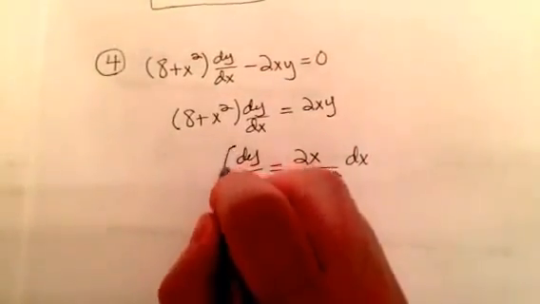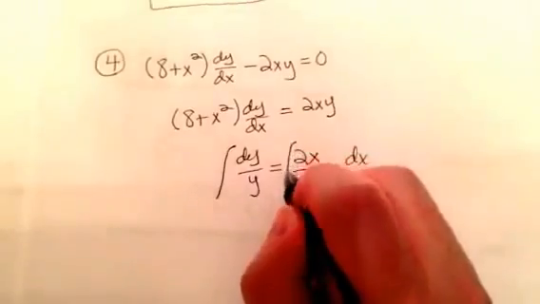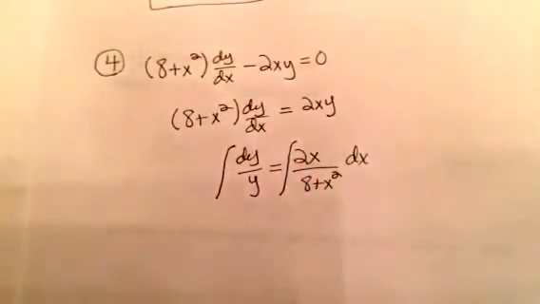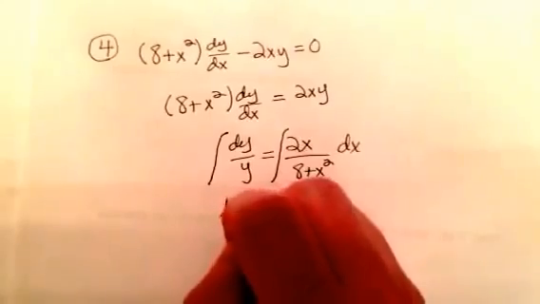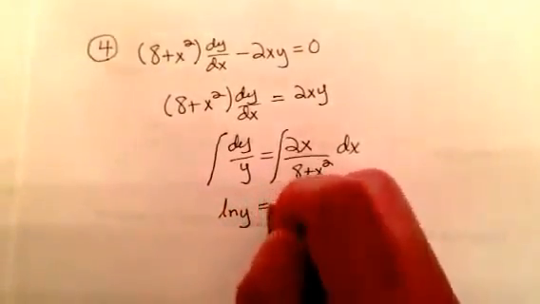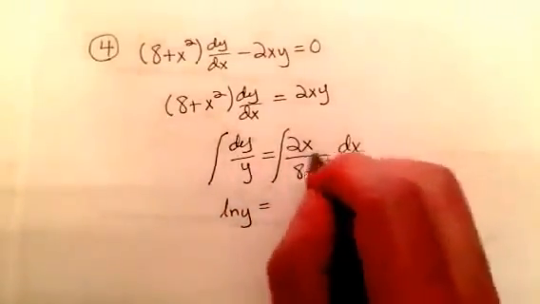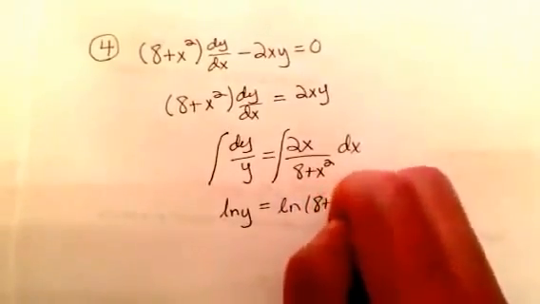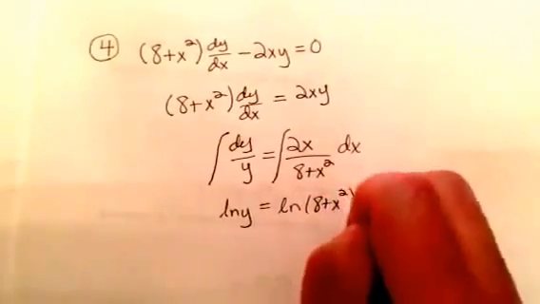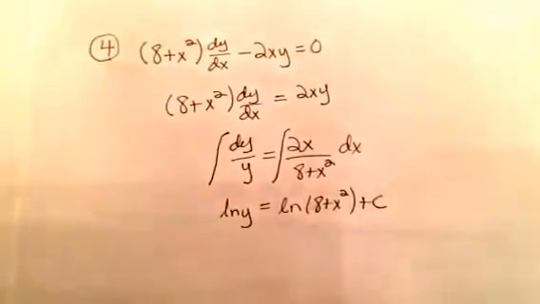And with the separation, we can integrate on both sides. So we have the natural logarithm of y is equal to the natural logarithm of 8 plus x squared, followed by the constant.